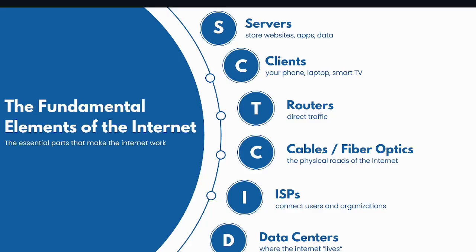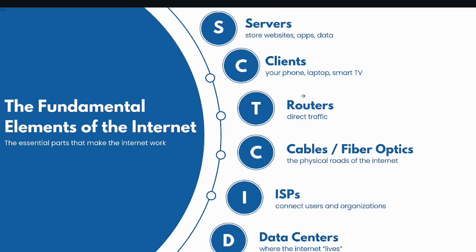It ensures that your data is being transferred in the form of packets, from the server to your clients, and also taking the request from your client to the server, right?